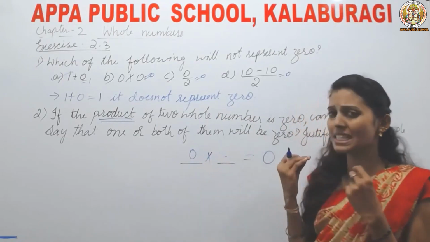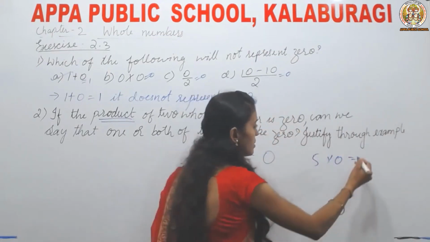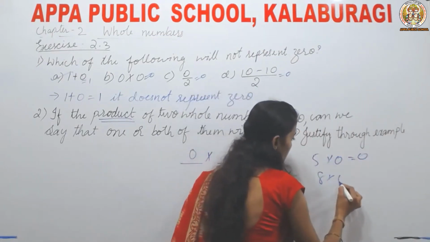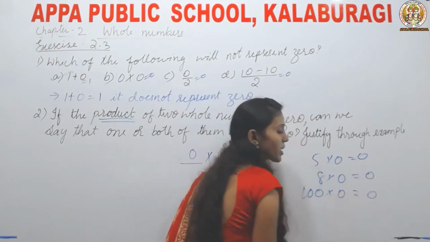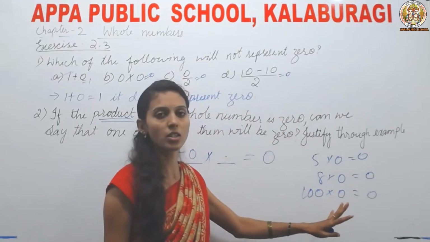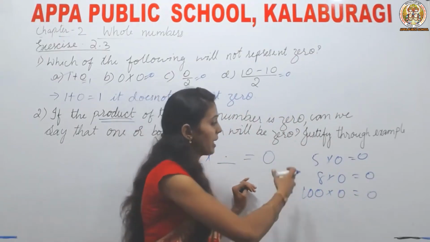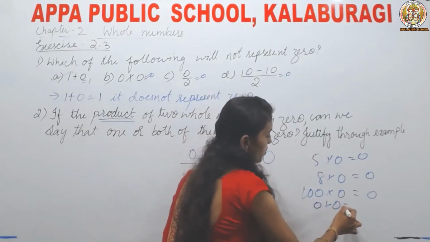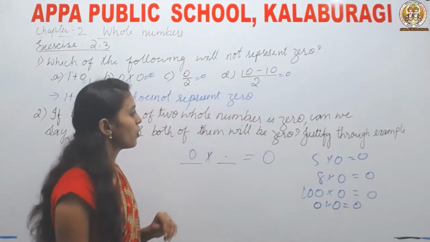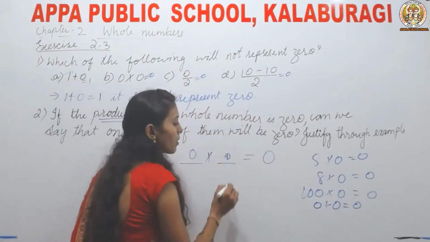Any number, you can consider any. 5 into 0, what's the answer? 0. 8 into 0, 0. 100 into 0, 0. Right? The product with a 0 is always 0, and 0 into 0 is also 0. So therefore, we can easily say either one or both of them will be 0.